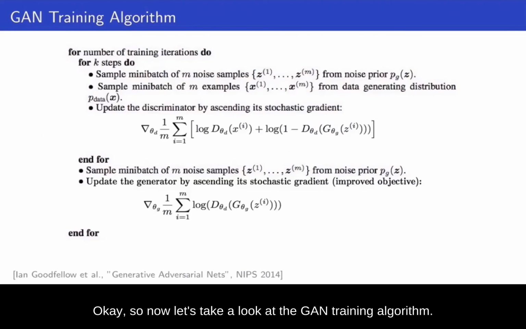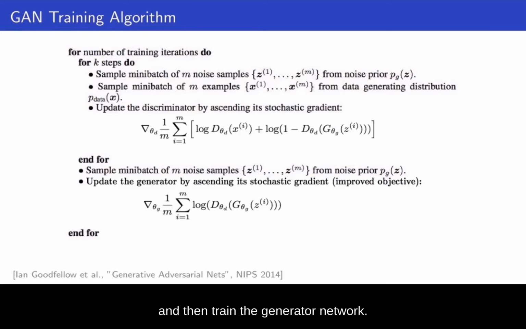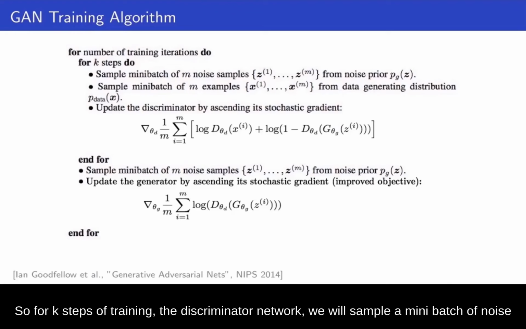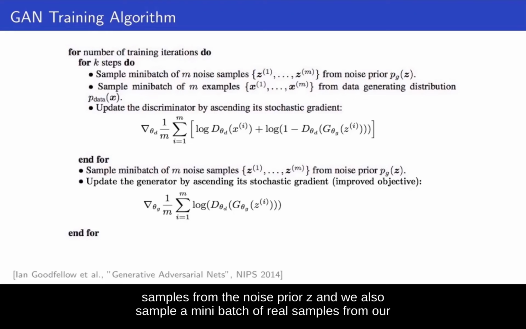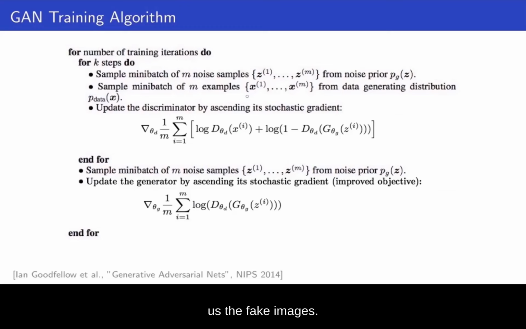Okay, so now let's take a look at the GAN training algorithm. For each iteration of training, we are going to first train the discriminator network and then train the generator network. So for k steps of training the discriminator network, we will sample a mini batch of noise samples from the noise prior Z, and we also sample a mini batch of real samples from our training data X, and we will then pass these noise samples through our generator, which gives us the fake images.